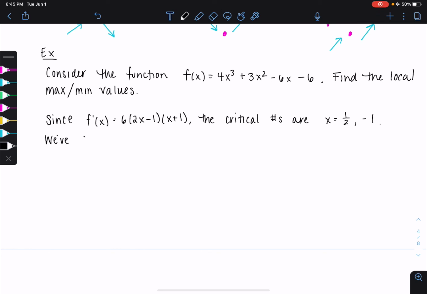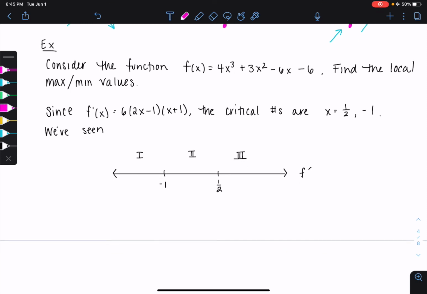And we've seen that when you go to test the derivative on an interval, on interval 1, it's positive, and on interval 3, it's positive. So your graph is increasing. On interval 2, it's negative, so your graph is decreasing.